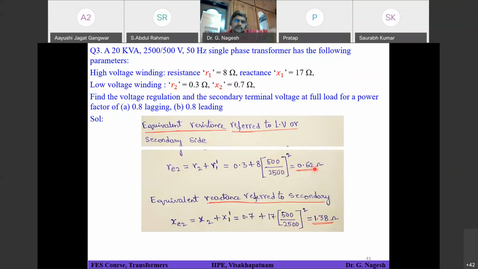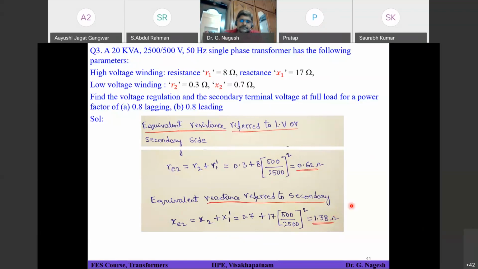That means this is 0.32 and this is 0.3, so total 0.62 ohms. Similarly, equivalent reactance referred to secondary: 0.68 is correct, so 1.38 you are going to get. So the total equivalent reactance referred to secondary.